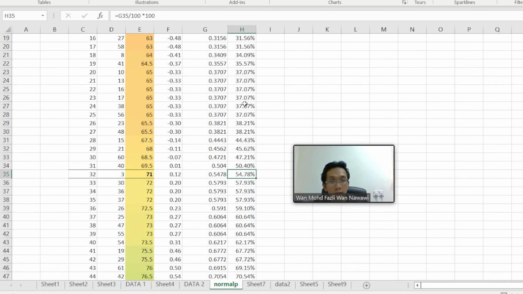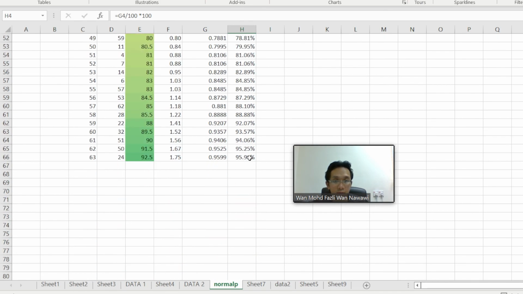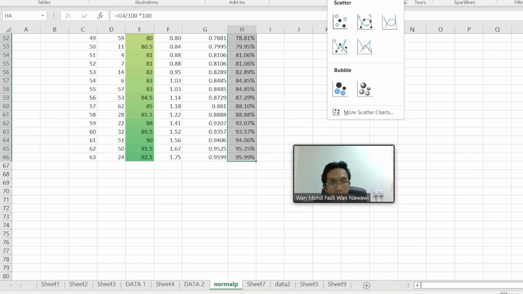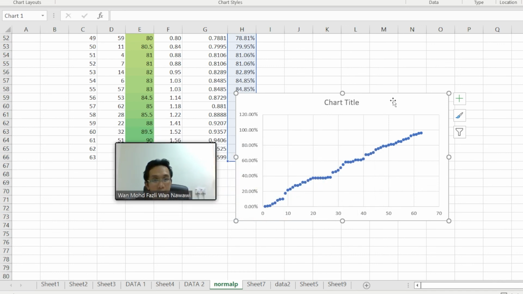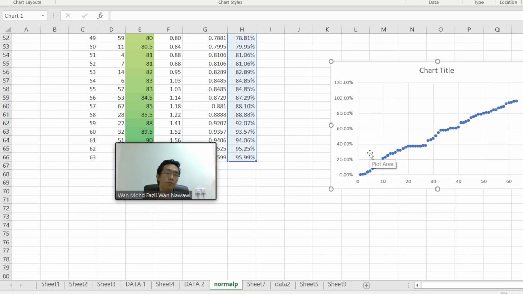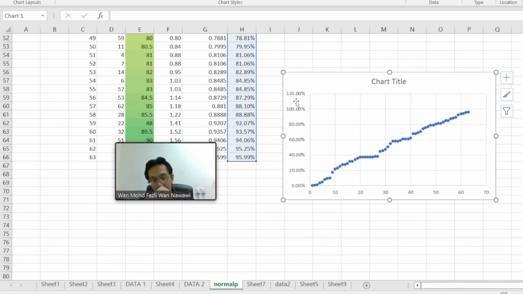Okay, it's cumulative. So if you plot this into a graph like that, you get something like this, a straight line. If you see a graph like this, this is what we call a normal plot. Although the y-axis in a normal probability plot is a little bit different.